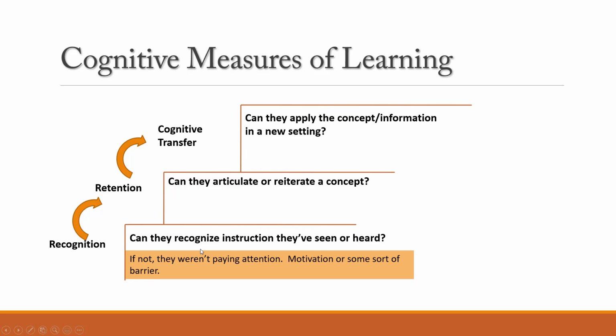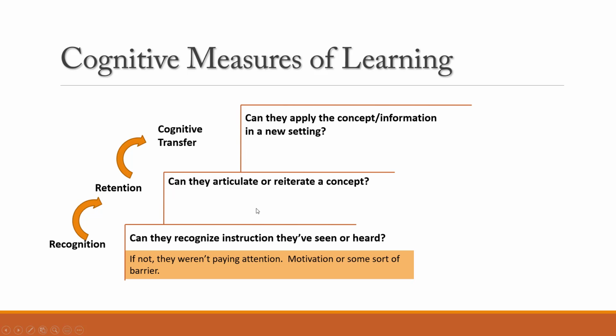If they can't recognize instruction, then they weren't paying attention. And typically motivation of some sort is probably a barrier, although it could also be distraction in their learning environments, especially at home. We can talk about strategies for how we help even younger learners manage distractions. But you want to get a sense of, let's say you're assessing them up here and they're not answering it, well, are they even recognizing it?